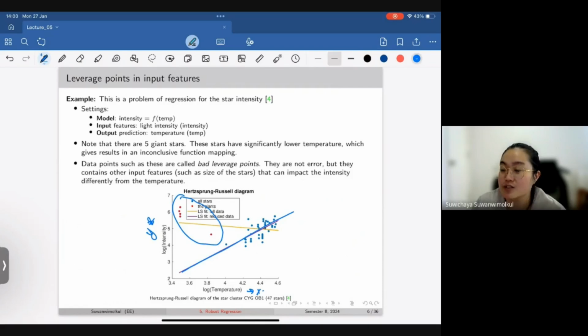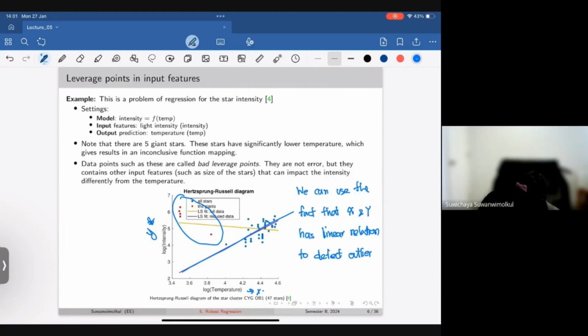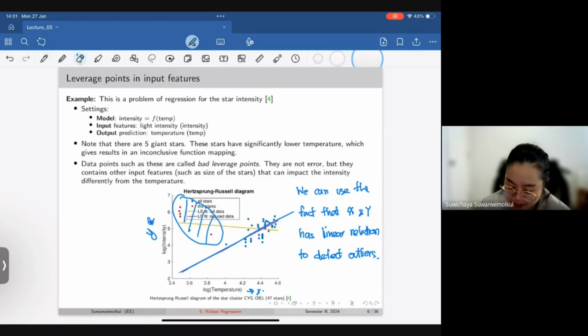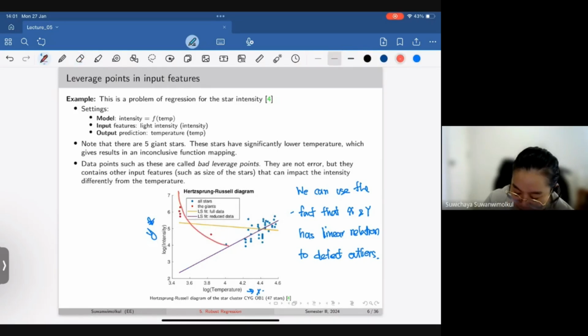So we can use the fact that the relationship between x and y is supposed to be linear to detect these outliers. Because if we cannot make this assumption about the linearity, possibly one can say that fitting this line is not bad as well. It's possible, but when we say that everything has to be linear, you can use the linearity to remove those red dots out of the training samples.